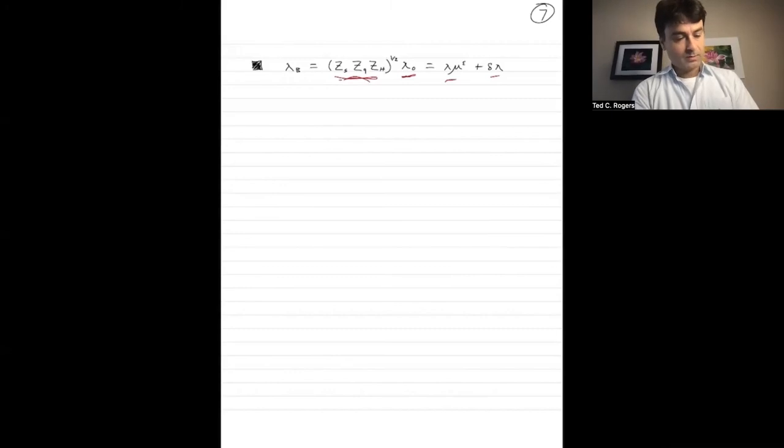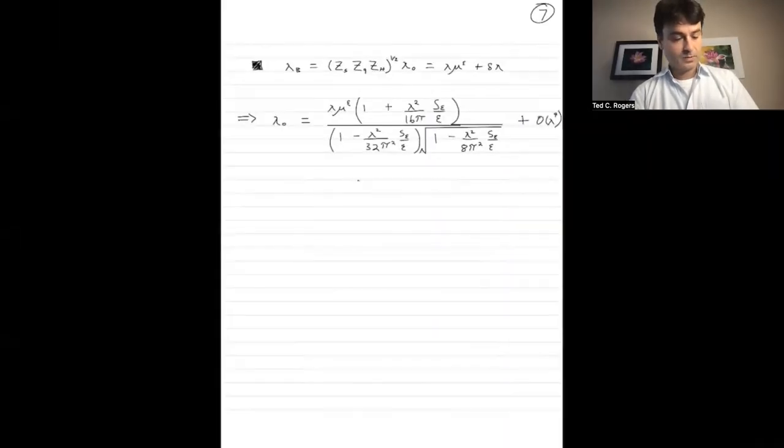And we know that lambda B is equal to lambda mu to the epsilon plus delta lambda. We just said that also. And we know how to relate delta lambda just to lambda, right? So we know how to relate lambda sub 0 to lambda. And that's what we have to do now.